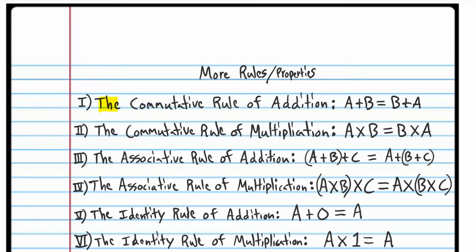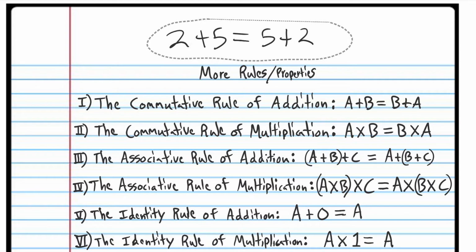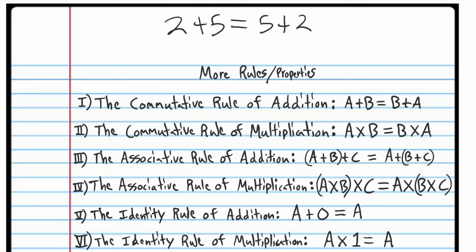So the first rule is the commutative rule of addition. We'll just review that. So what that means is if you have something like 2 plus 5, that's the same thing as 5 plus 2. So you can change the order of those numbers, and you'll still get 7. So both sides of the equation are the same thing.